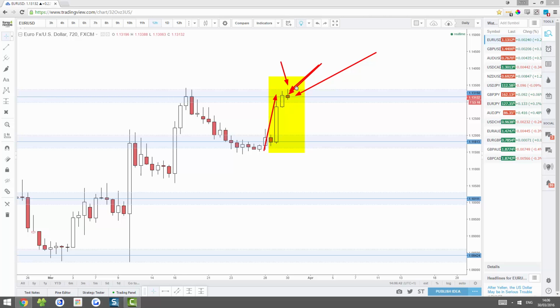If this candle closes roughly like this, it doesn't have to be exactly like this, but any sign of indecision, what some people call reversal candles, pin bars, whatever you want. It doesn't even have to be a pin bar, just anything that indicates price is undecided. And then we see sellers starting to take control in the next candle or the candle after that, then I'm possibly going to jump in short, depending on what the setup looks like, depending on the risk to reward ratio, which is pretty much the most important thing.